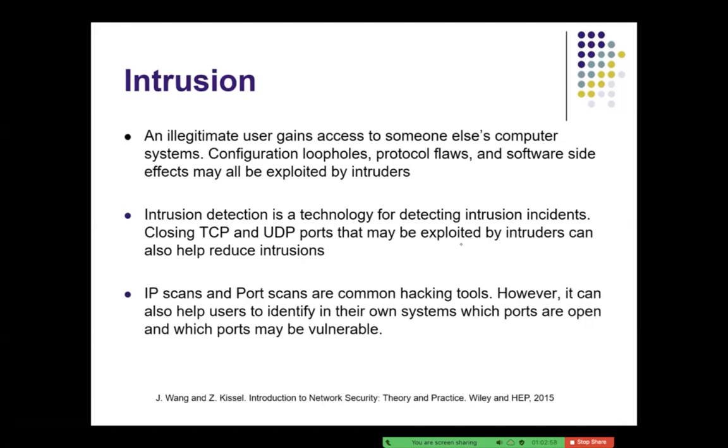Okay, the next type of attack is intrusion. This means that a legitimate user gains access to someone else's computer system by impersonating a legitimate user or using other means, for instance, configuration loopholes, protocol flaws, and software side effects.